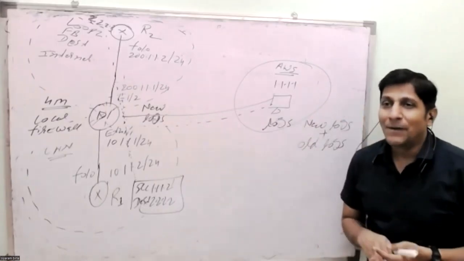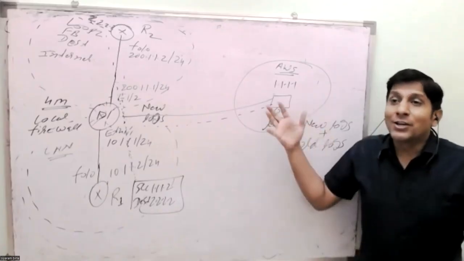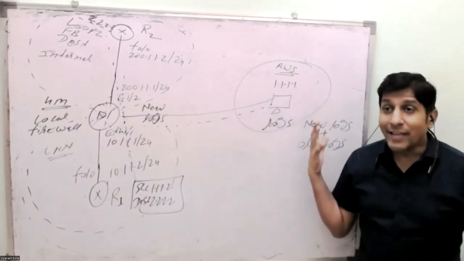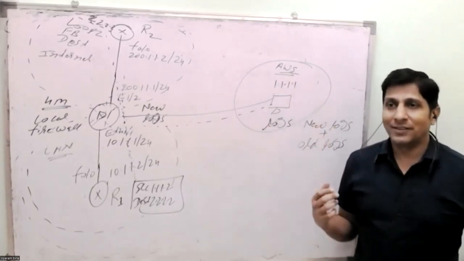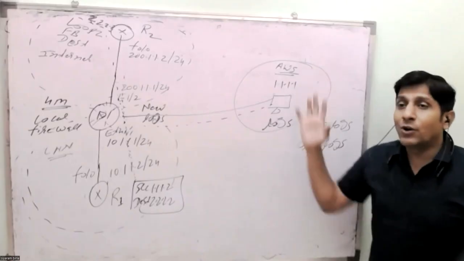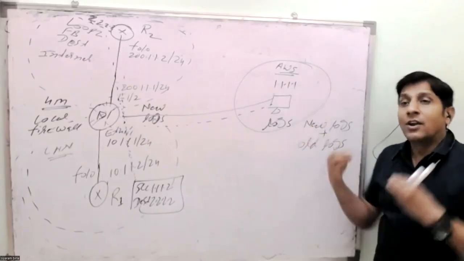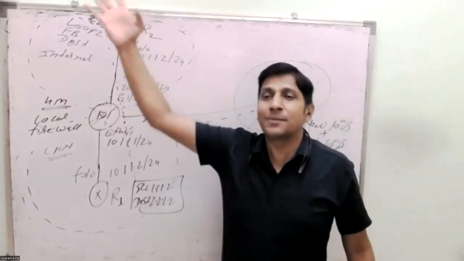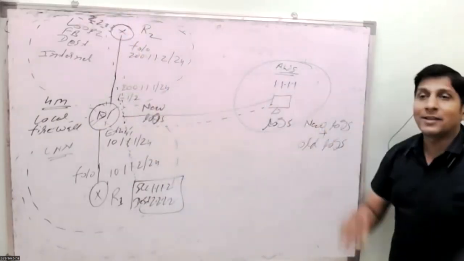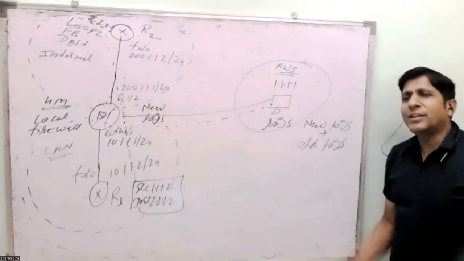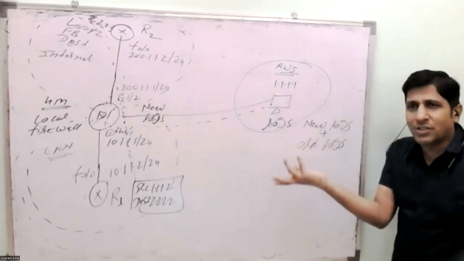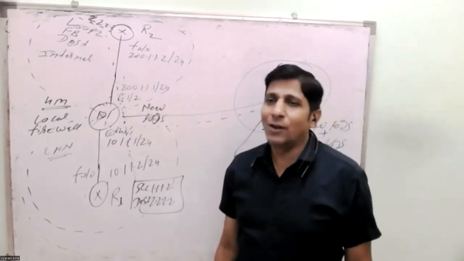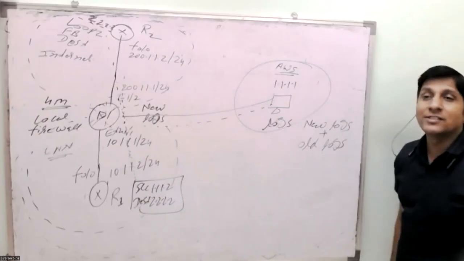That server is used for gathering the logs, and it will keep logs for a lifetime. Suppose you need logs from 2 years back, they are available here. There is no delete function here. You can delete it, but we never delete any logs from this log server.